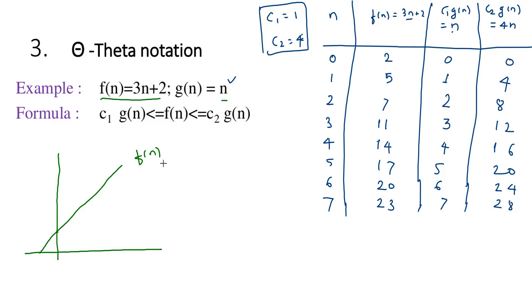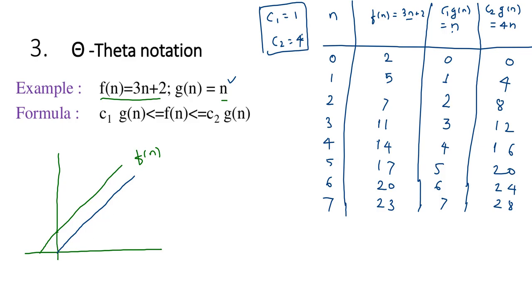So you can see that the line with n will be staying something like this, and the line with 4n will have a little more slope, it will not be exactly the same as this line.